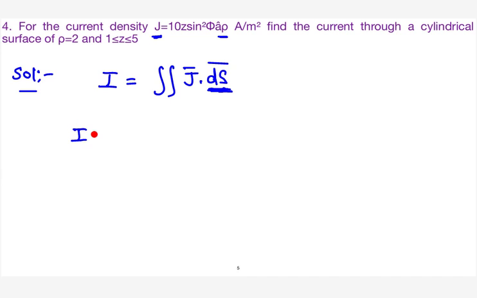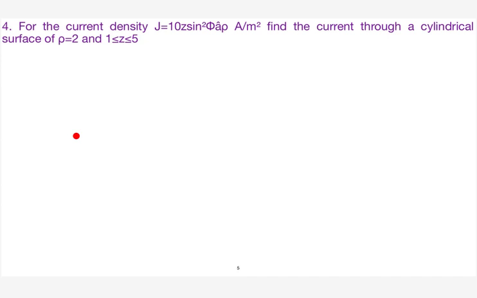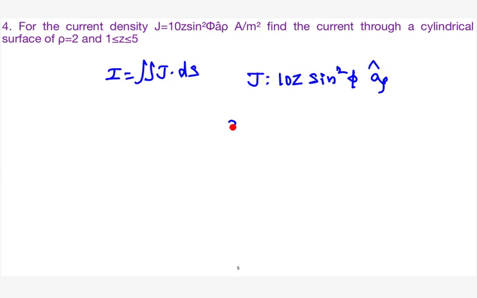So I is equal to the double integral of J dot dS. The J value you already know: 10z sine square phi into a rho cap. Can you tell me the surface area where phi is changing and z is changing? When phi is changing, the variation will be rho into d phi, and when z is changing, the variation will be 1 into dz.